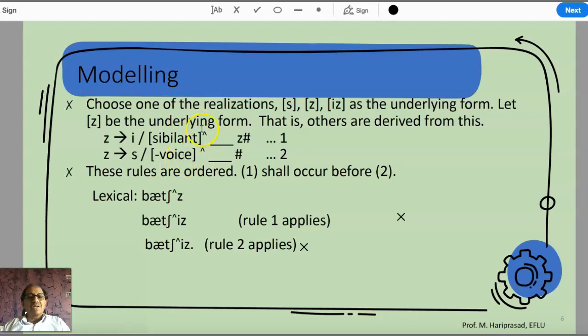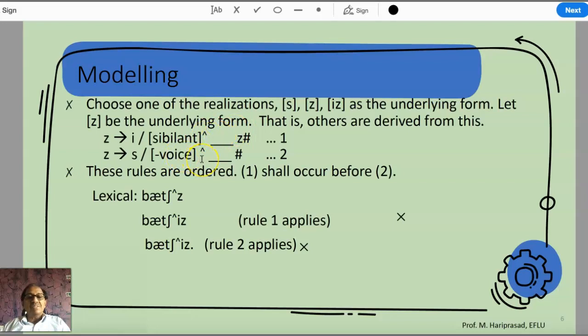If the second rule applied first, batch, morpheme boundary, z would change z to s, and you would get the wrong output, batches with s, and the first rule would not apply because there is no z left. So the first rule has to apply first.